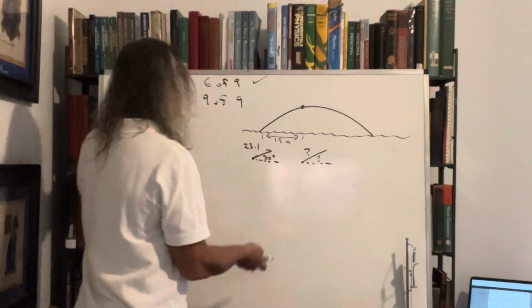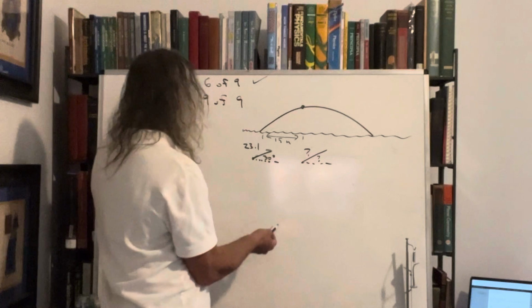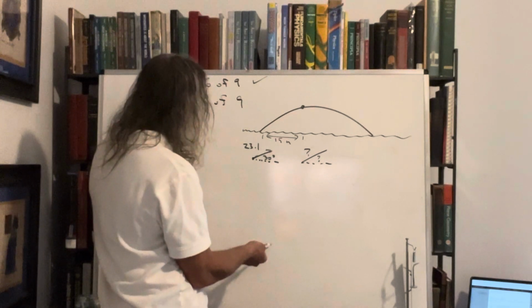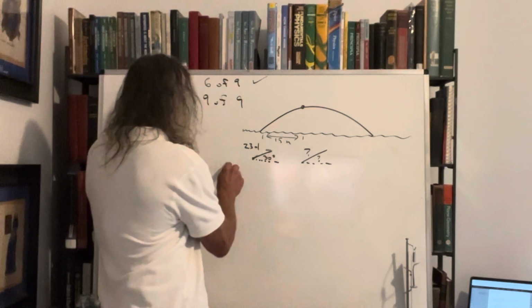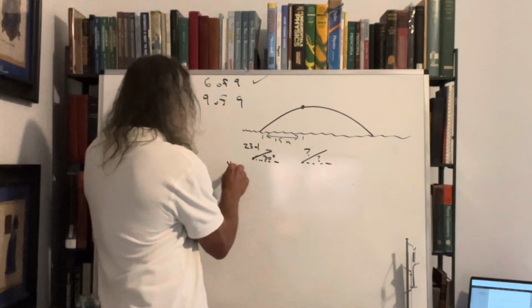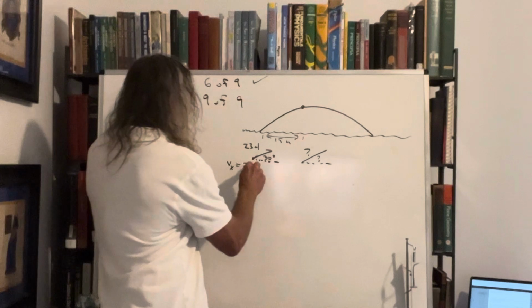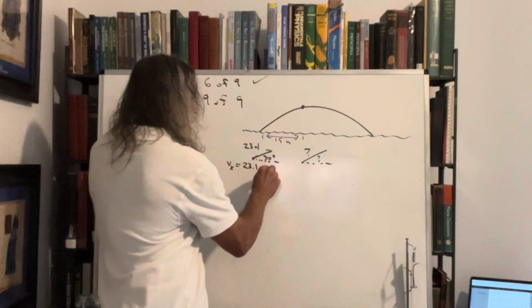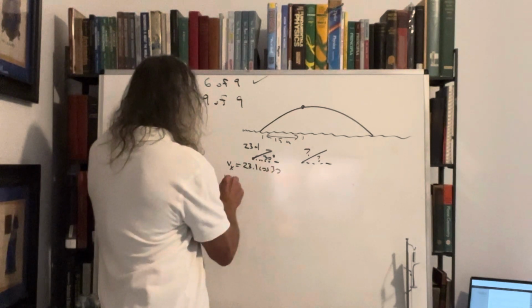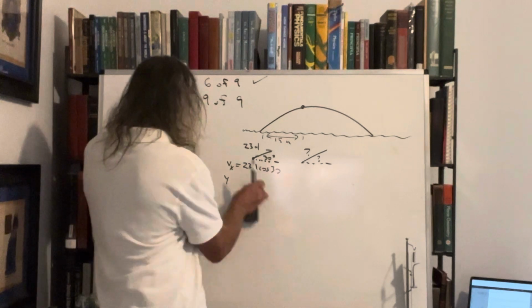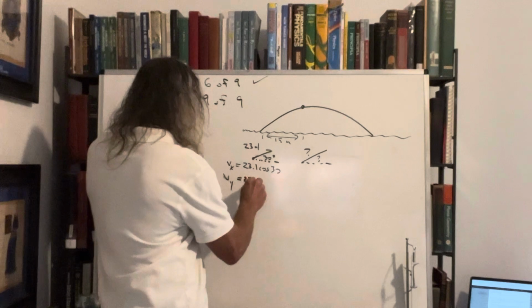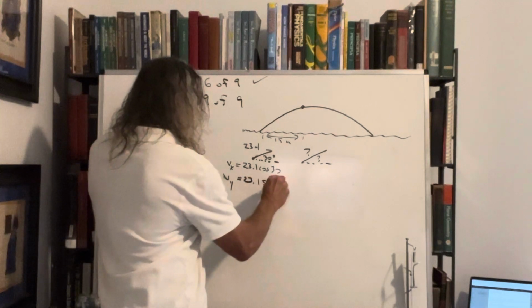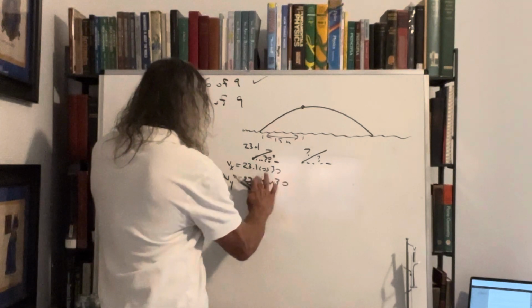So this one, we got 23.1. So we got Vx is 23.1 cosine 30, Vy is 23.1 sine 30.